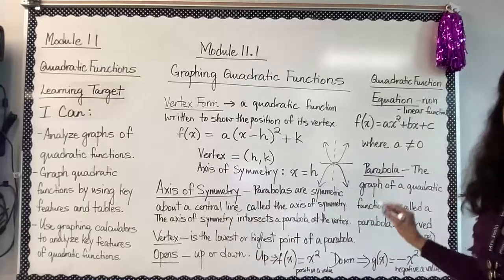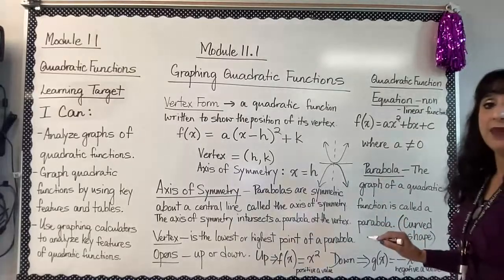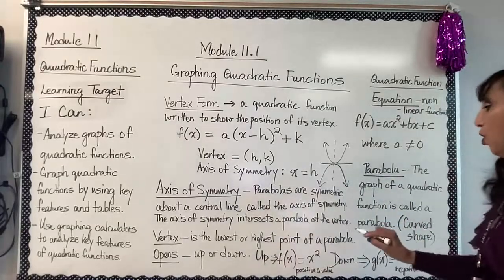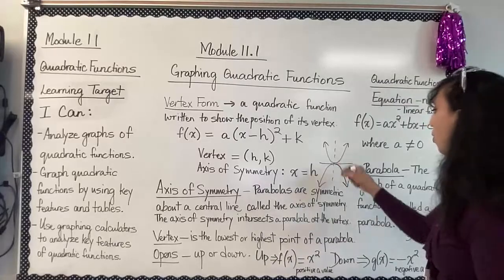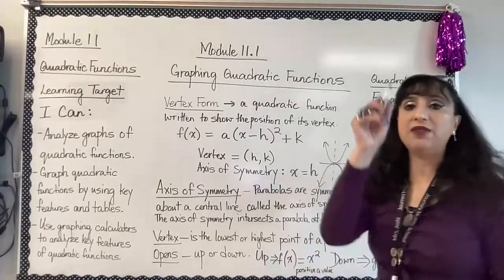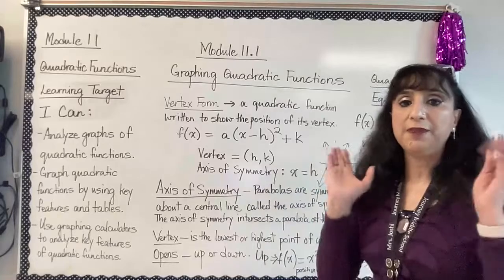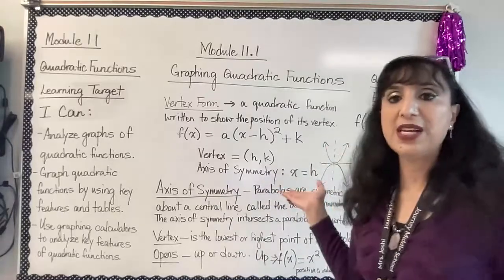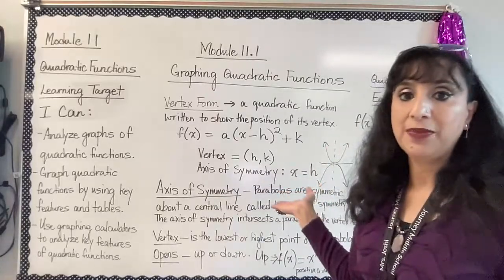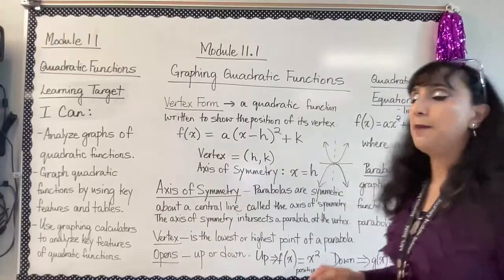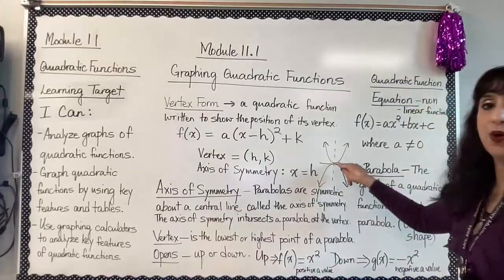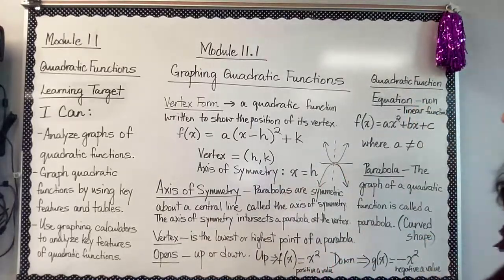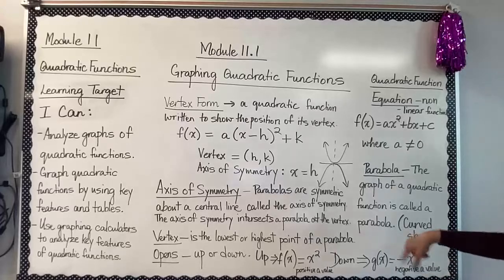So once again, the vertex is the lowest or the highest point. If it opens up, my vertex is the lowest point. If it is opening down, my vertex is the highest point. So it's the lowest or highest point of a parabola.